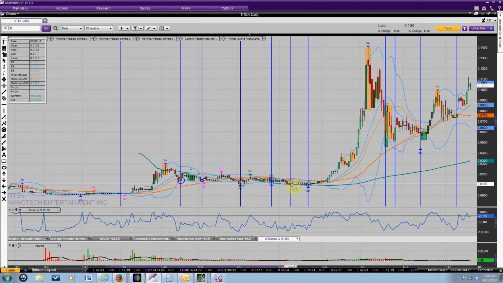No matter how big or how small that profit might have been, you were given a profiting opportunity by trading the 80 cross on the Williams Percent R. And one of these just happens to be a trade we're in right now, September 2013 on NTEK. And as you see, my alert followed exactly on this 80 cross, because the chart NTEK, I trade it specifically on the Williams Percent R.